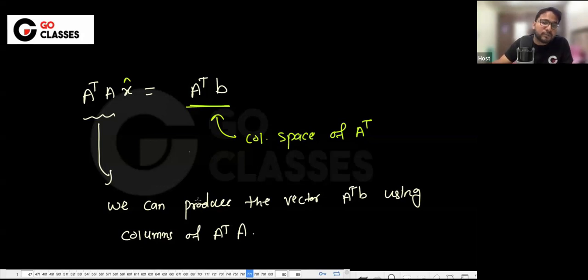Basically, if A transpose can produce it, then A transpose A also can produce it. The coefficient could be X cap. So if you give me some vector produced by A transpose, then I can give you the same vector produced by A transpose A also. The coefficient may be a little different, because both have the same column space.